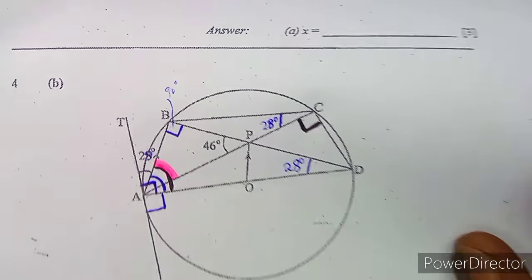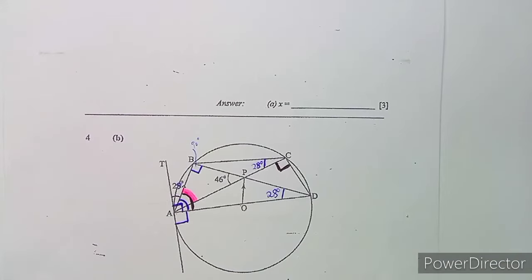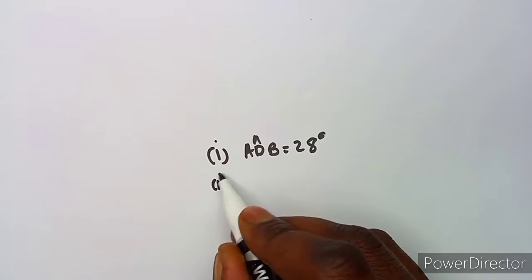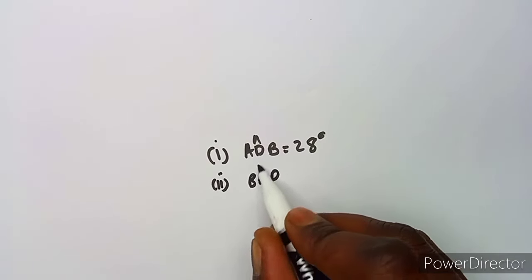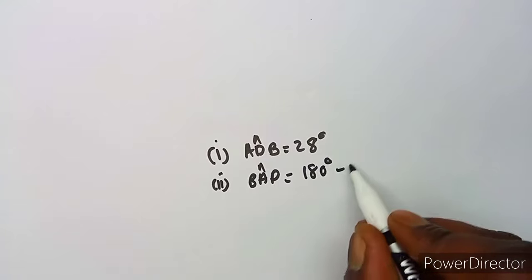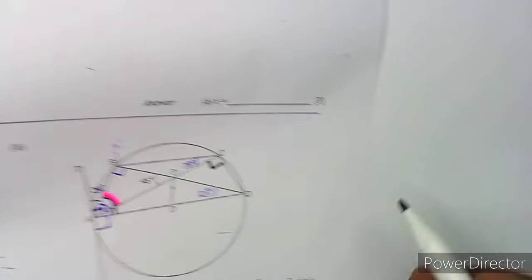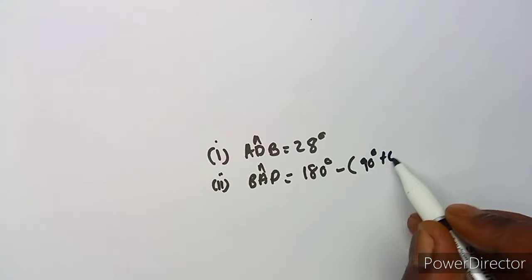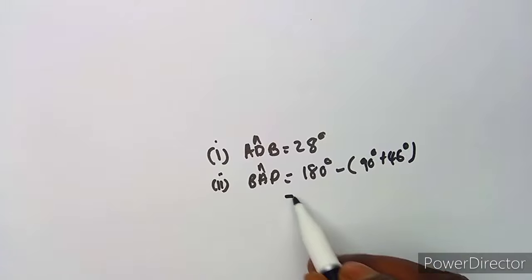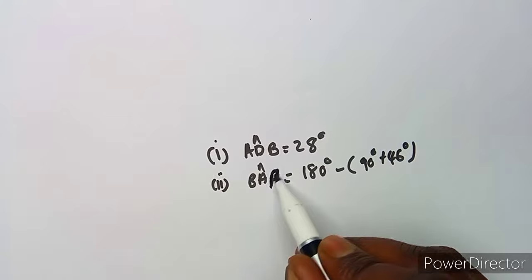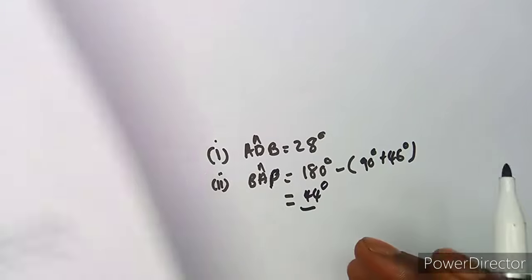So BAP is 180 degrees subtract all the angles that are inside, which is 90 degrees plus this 46 degrees. By doing this, we can find our BAP, which is going to be 44 degrees.